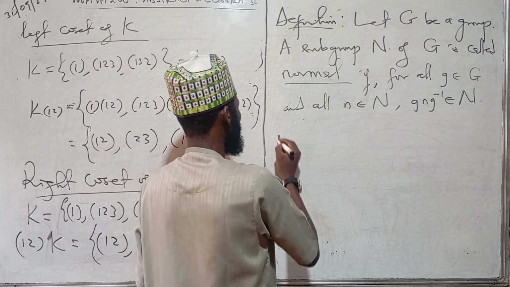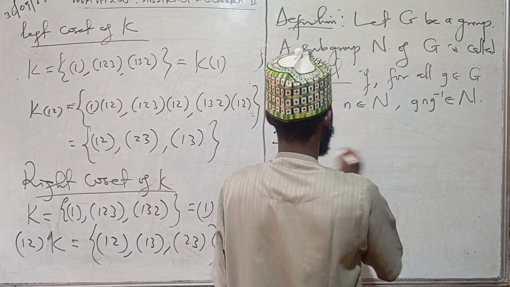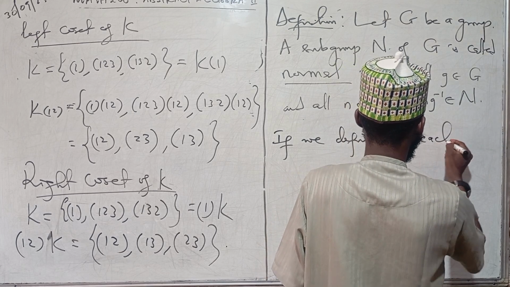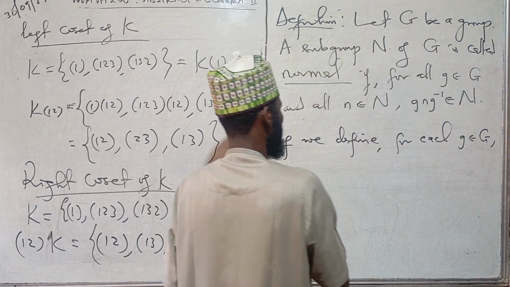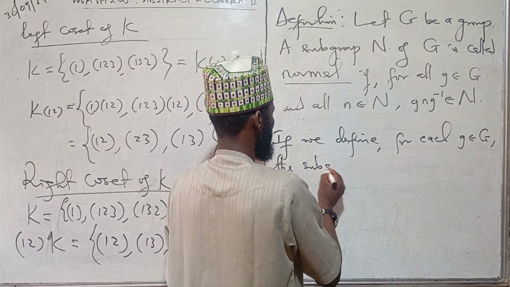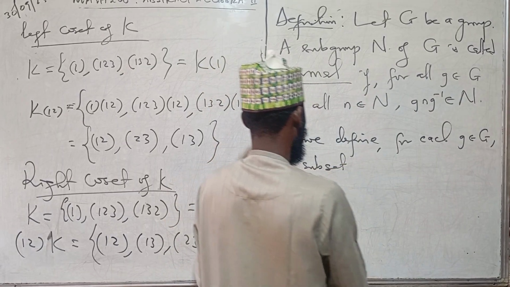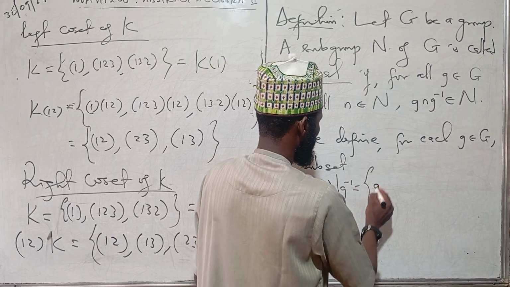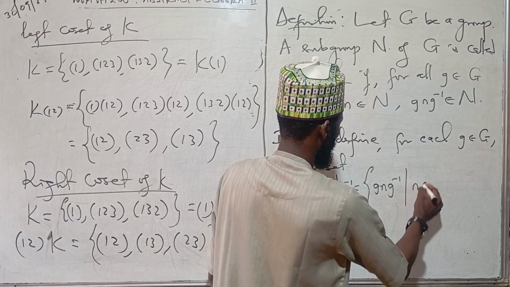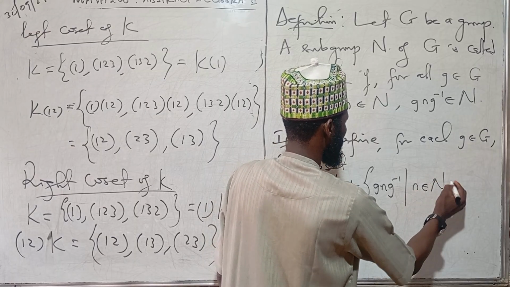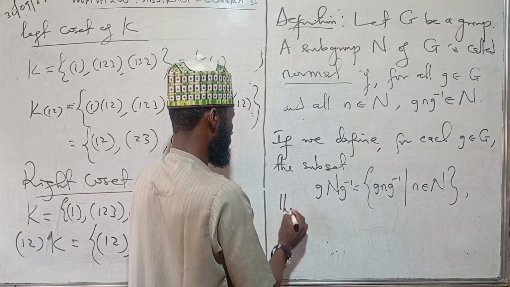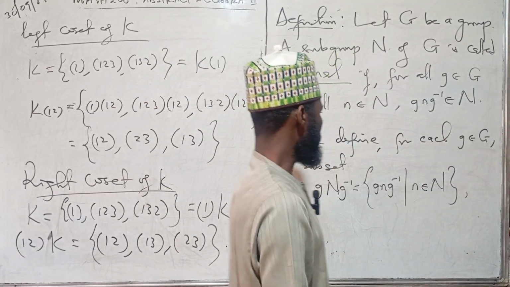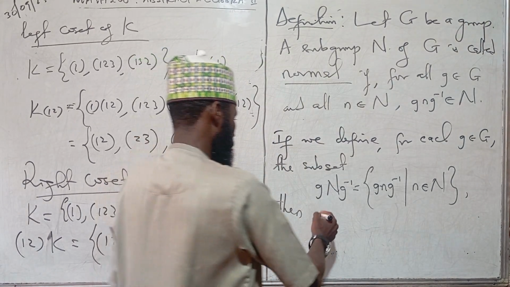But now if we define, for each g in G, the subset gNg inverse to be the set of all gng inverse such that n is in N, then the defining condition for a normal subgroup can be presented in this way.